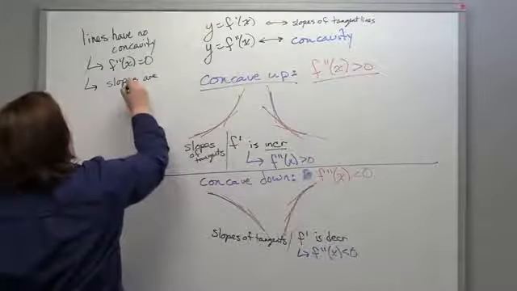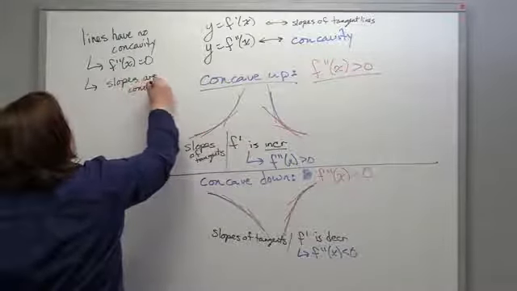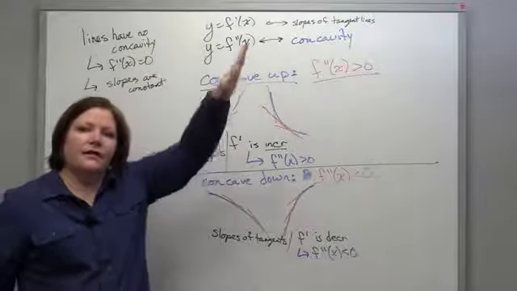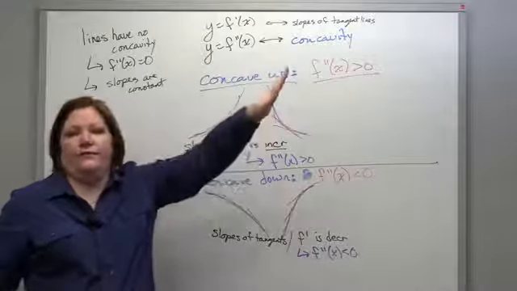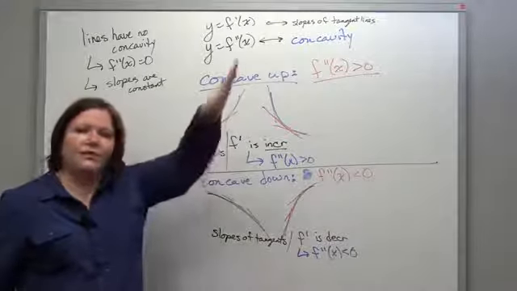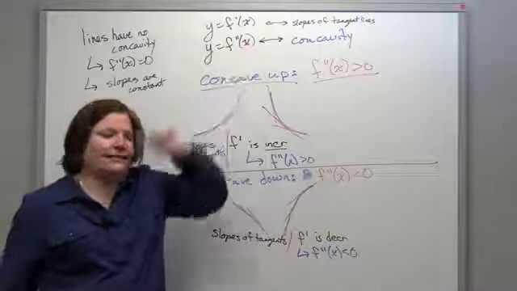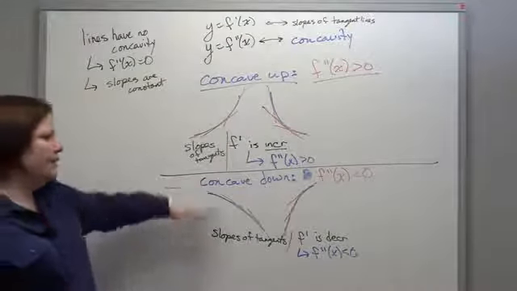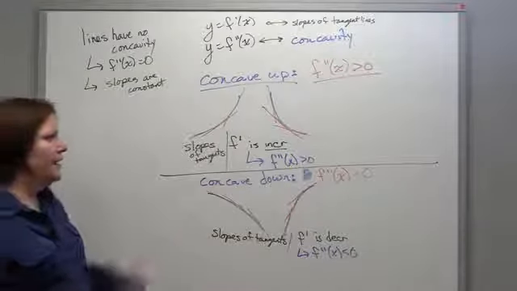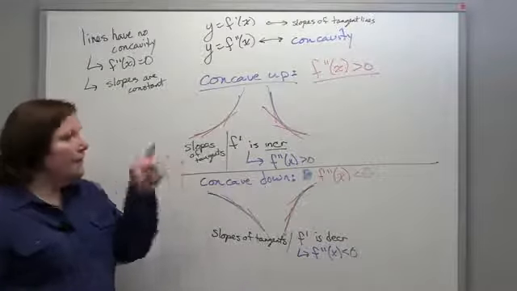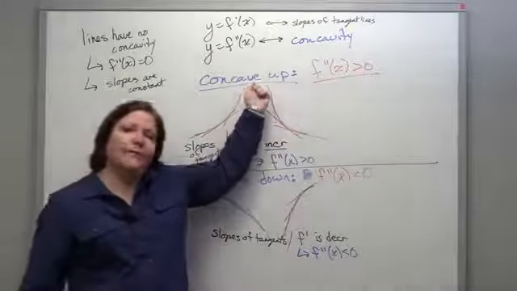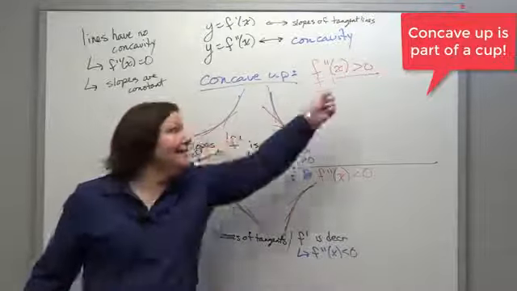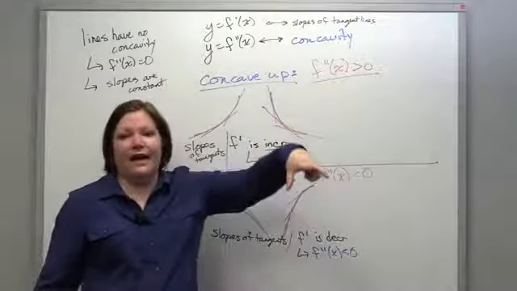Slopes are constant. That's what's special about lines. The line always has a slope of 5. You might always be increasing, but you're always increasing at the same rate. So what we'll do is practice this in some more examples. One thing that can help you remember, it can be silly: concave up is a smile, positive, right? Concave down, negative.